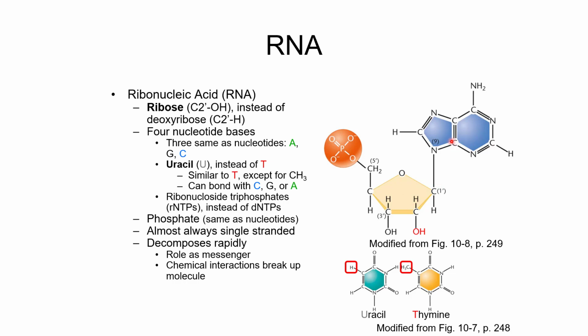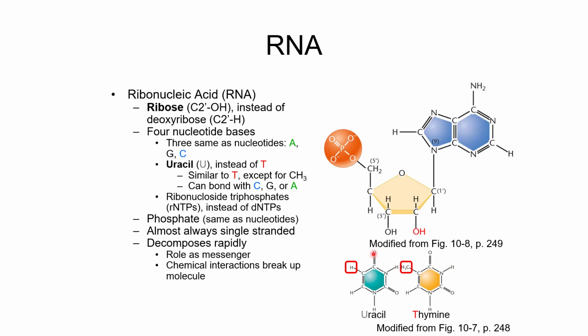The nucleotide bases that we have, 3 are the same as DNA. So we have adenine, guanine, and cytosine. But then instead of thymine, we actually have uracil. And you can see the difference between thymine and uracil. They're very close. But the uracil has just a hydrogen coming off of this carbon, whereas the thymine has an additional carbon that's bound to 3 hydrogens.